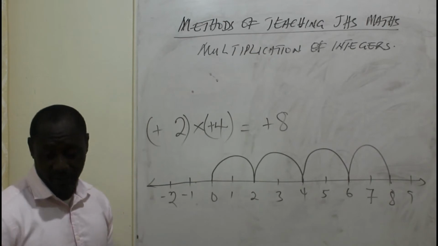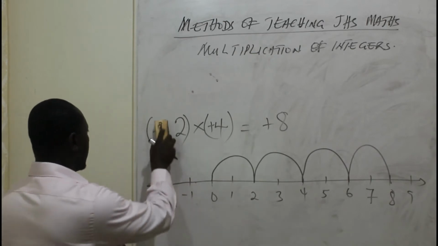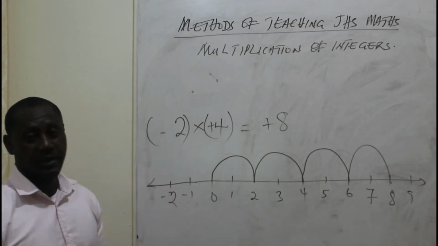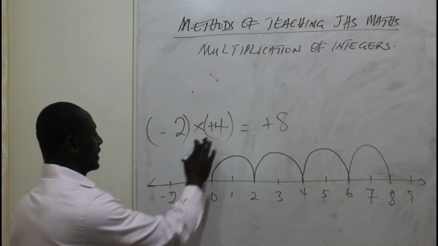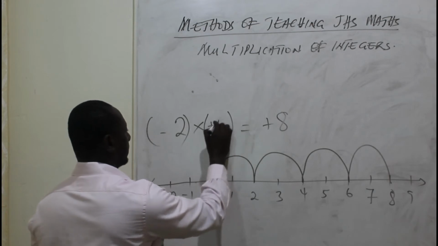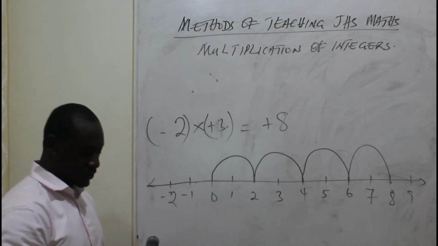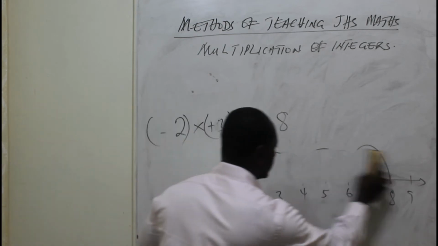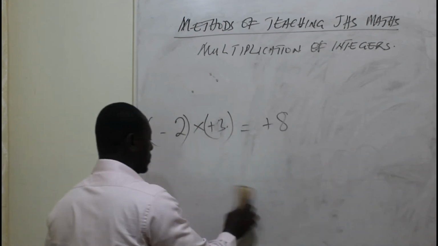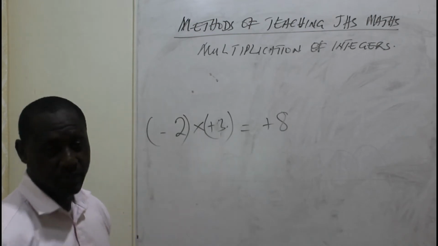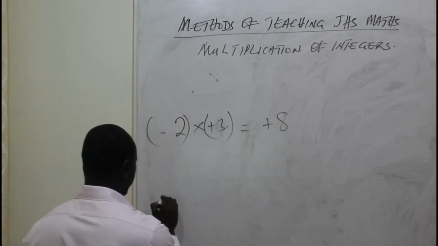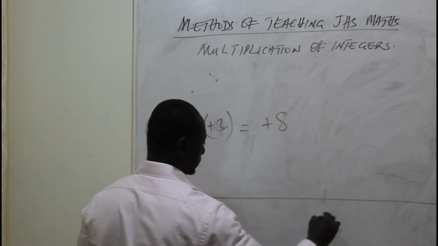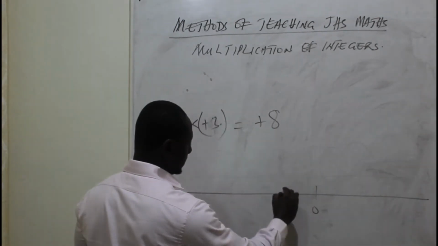Now, in the same vein, if I also have negative 2 times, say, positive 3, how do we model this on the number line? This one too, we are going to use the same approach. You draw the number line with equally spaced intervals.